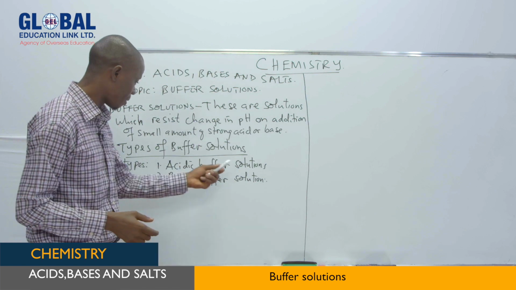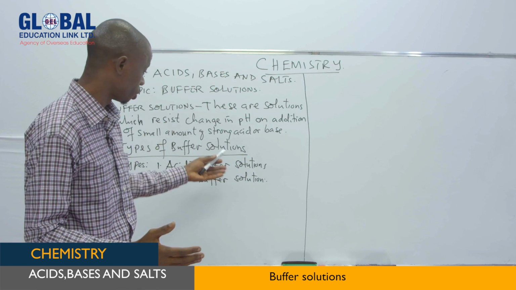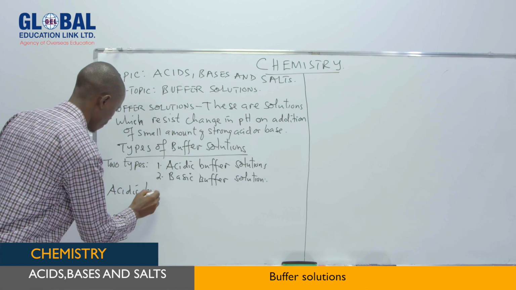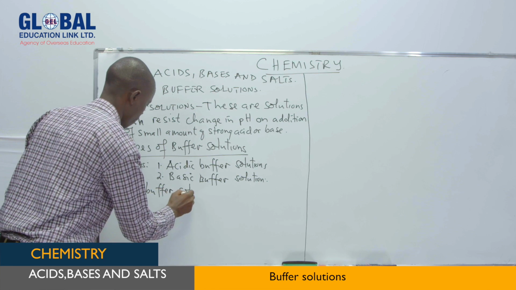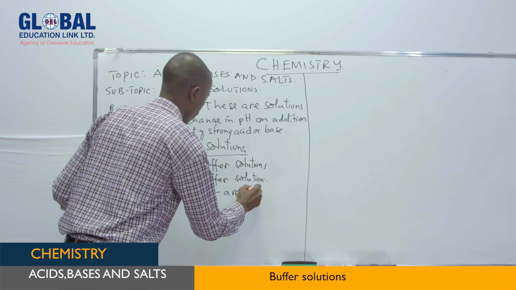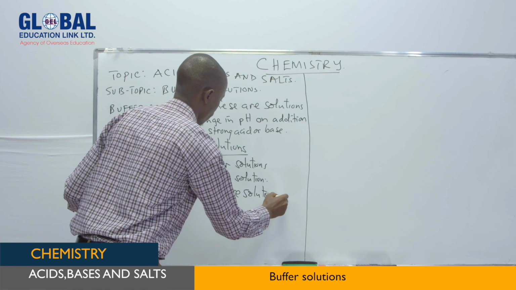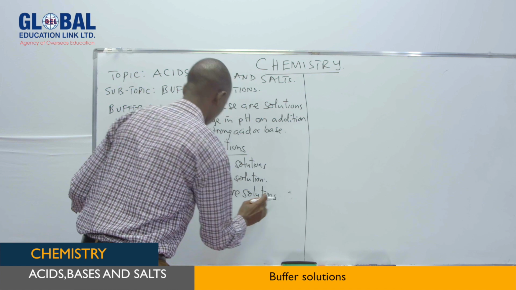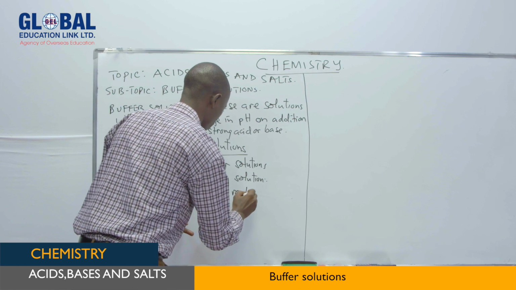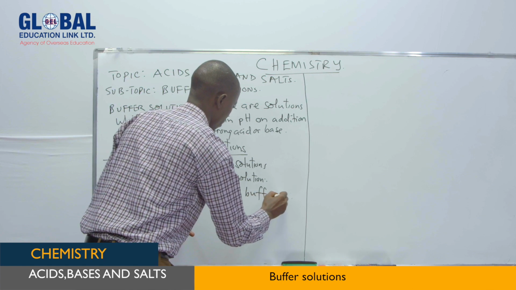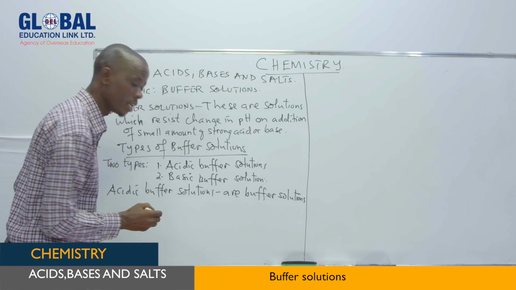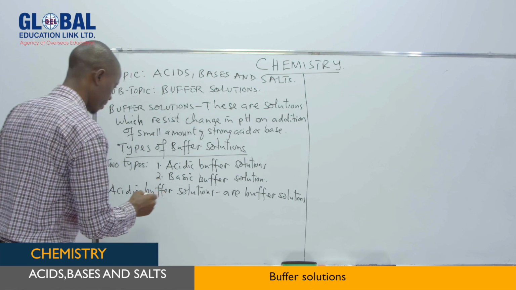So when you talk about acidic buffer solution, what are the solutions all about? Now, acidic buffer solutions are buffer solutions with the pH less than 7.